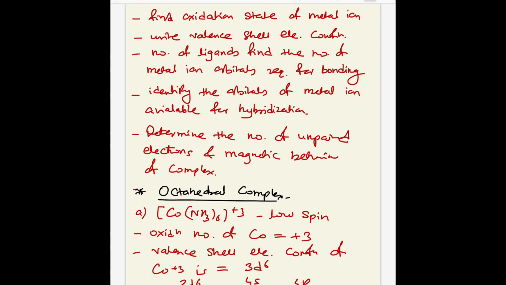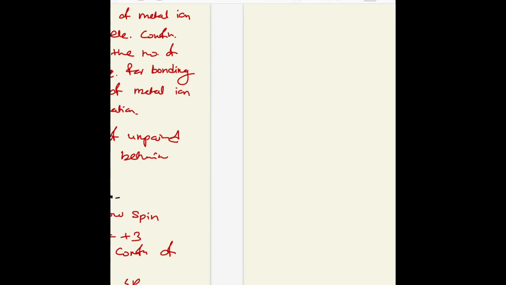So pairing of electrons will take place prior to the hybridization. So the 4 unpaired electrons are paired and we get a new electronic configuration after pairing. First is 3d, then 4s, and then 4p.